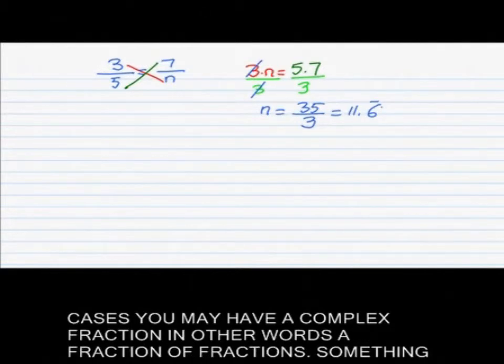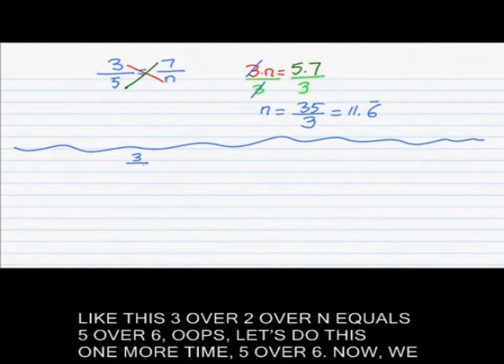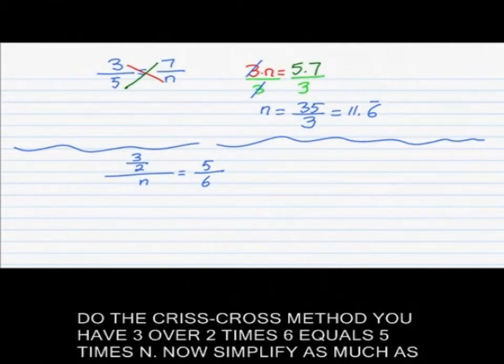Now, in some cases, you may have a complex fraction, in other words, fraction of fractions, something like this. 3 over 2 over n equals 5 over 6. Now, we do the crisscross method. You have 3 over 2 times 6 equals 5 times n.